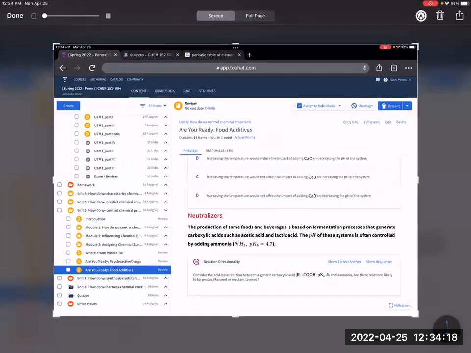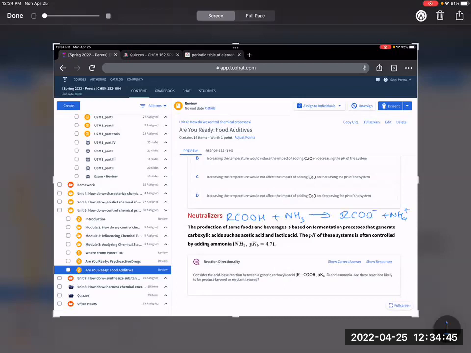Now you have the pK, right? Let me write this down. What we have here is RCOOH reacting with NH3 to produce, let's say, RCOO minus plus NH4 plus.